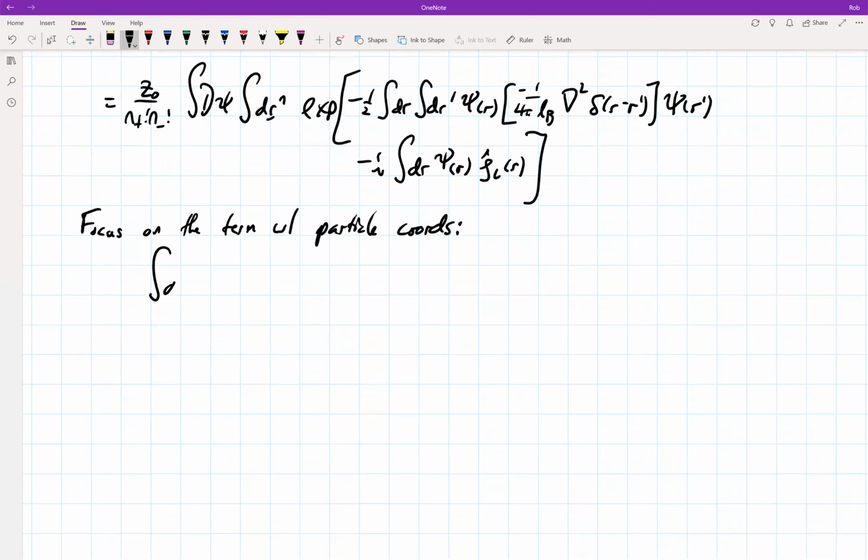So we have integral dr to the n, then just e to the minus i integral dr psi of r rho hat c of r.